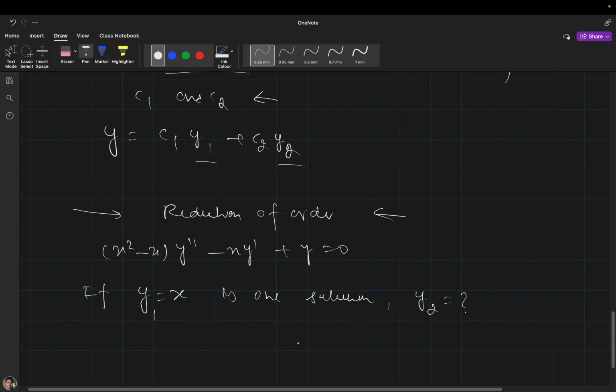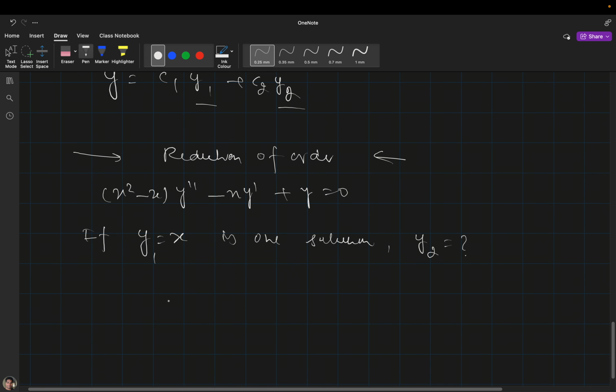Then in that case what I will assume is, let y2 be a solution of this form. I'm assuming that y2 will be another solution to this differential equation, and that is of the form u times y1, which means that I can also write u times x, since y1 is x.